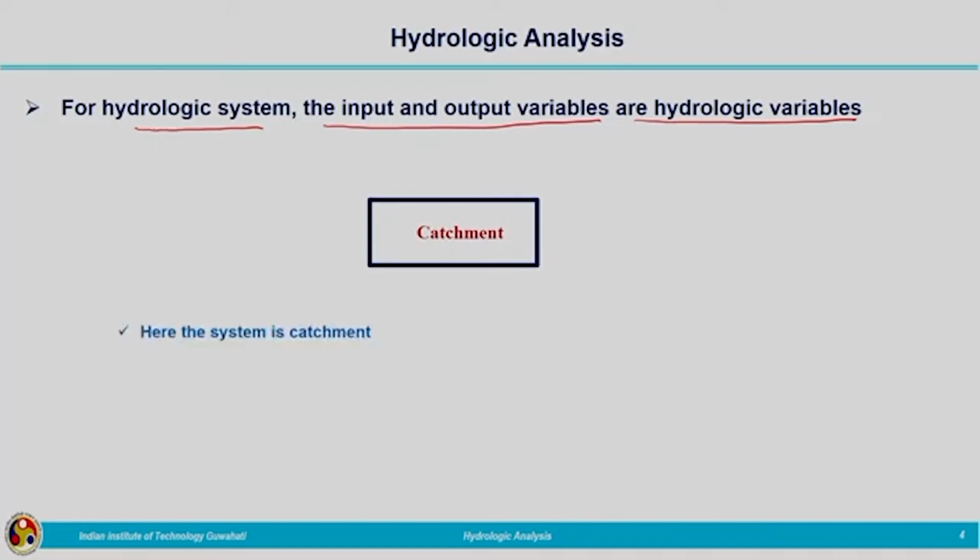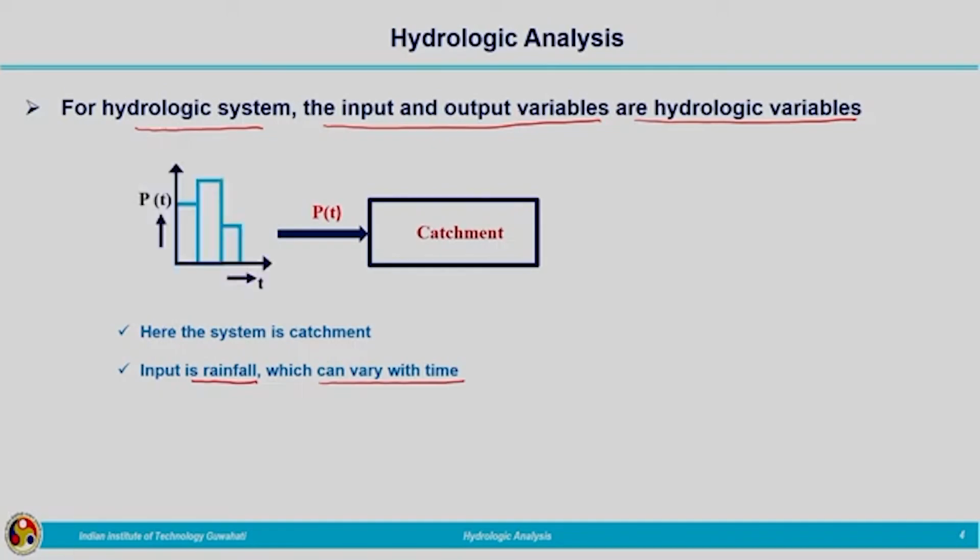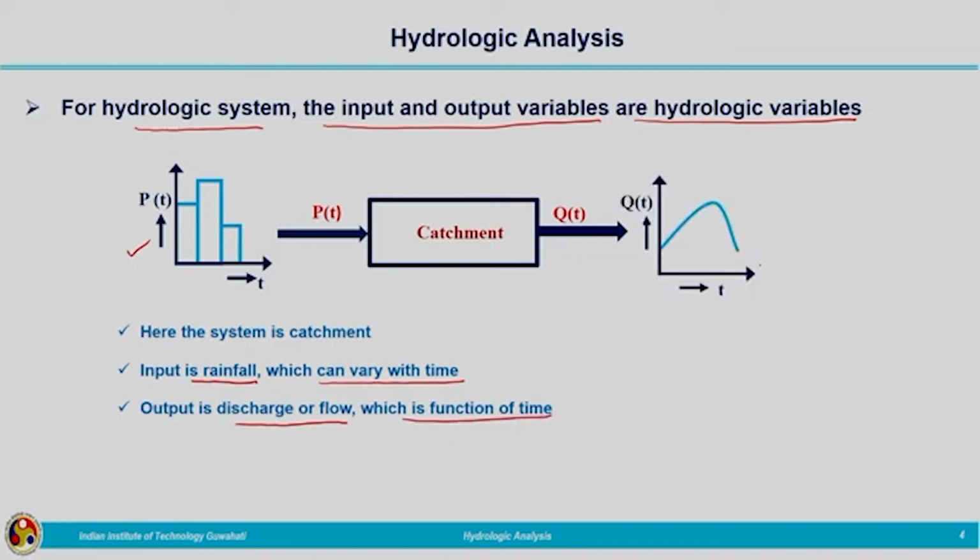The catchment is acted upon by an input P(t). For example, that input can be considered as rainfall. This rainfall varies with respect to time and also with respect to space. The rainfall is represented by means of a hyetograph, which we have already studied while explaining atmospheric water. This rainfall is falling on the catchment and output is produced, that is the discharge or outflow. This is also a function of time, so that can be represented by means of a hydrograph.